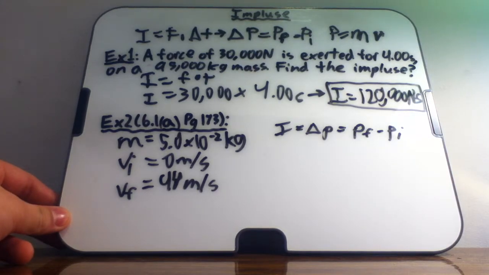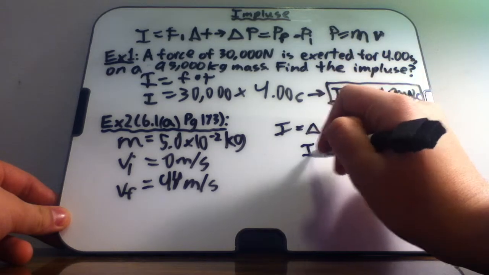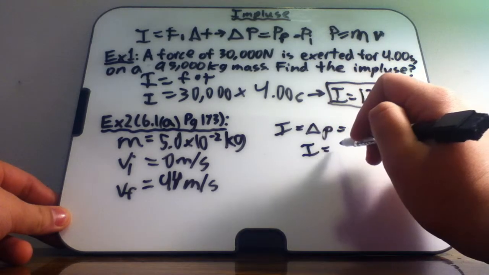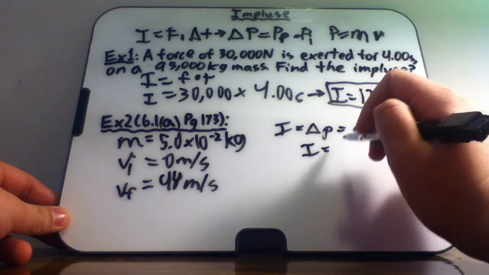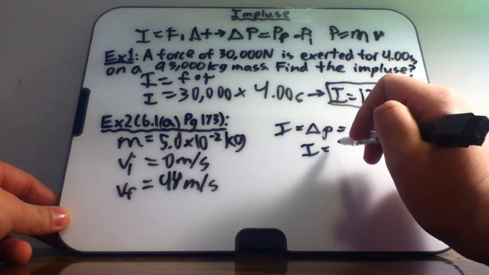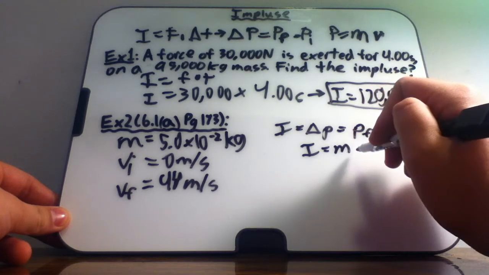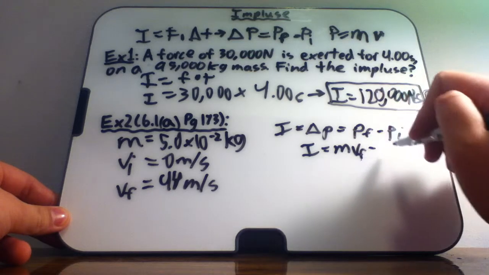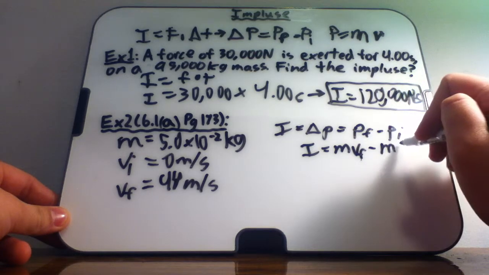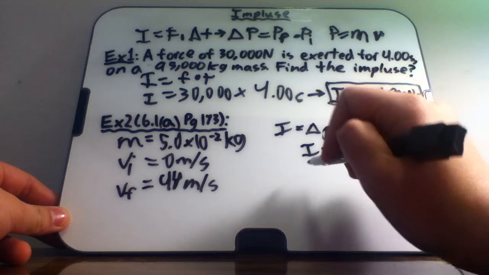And we know that the impulse equals, because momentum is mass times velocity, mass times velocity final minus mass times velocity initial.